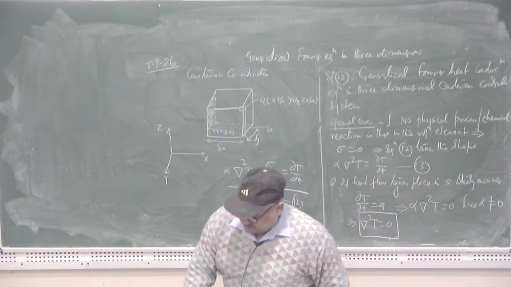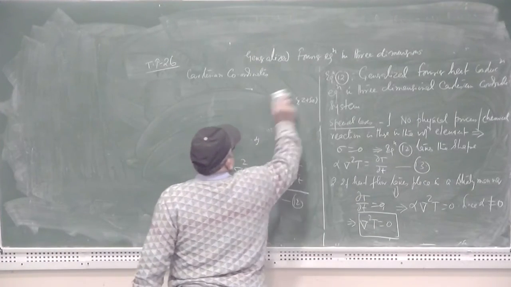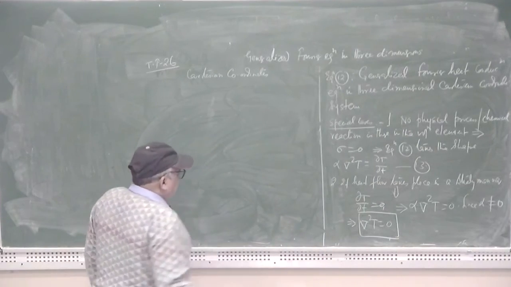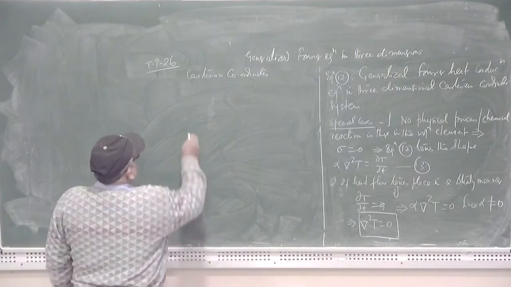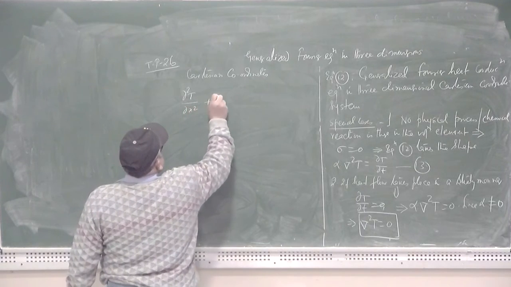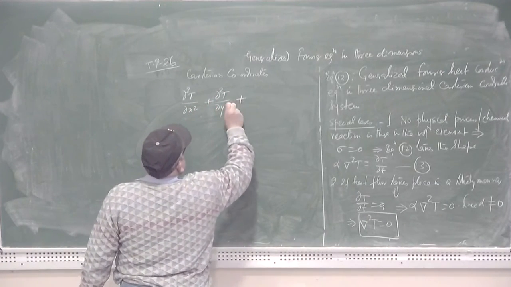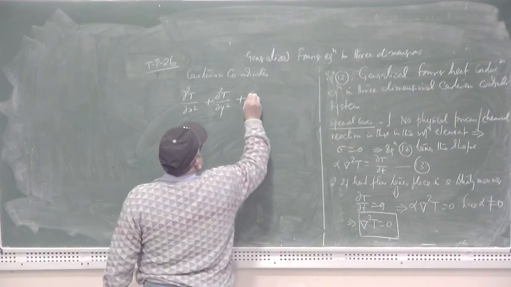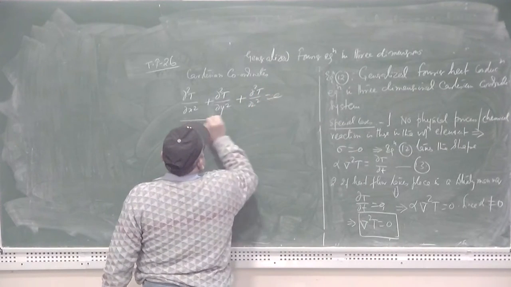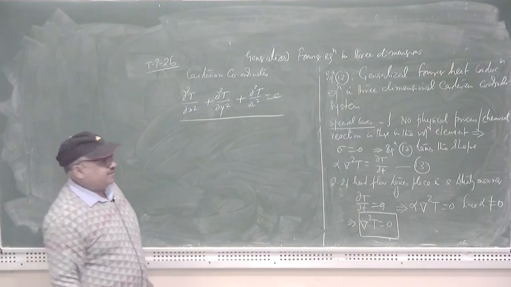Extending this equation to the 3-dimensional case, we can write ∂²T/∂x² plus ∂²T/∂y² plus ∂²T/∂z², that is equal to 0. This is your steady state Fourier heat conduction equation in 3 dimensions.